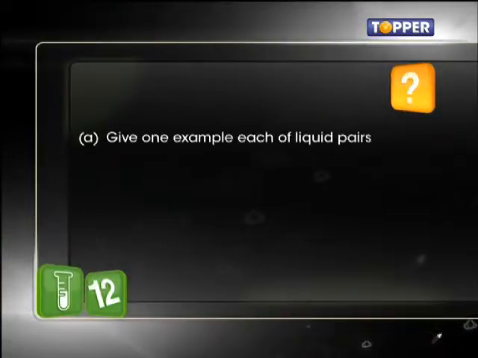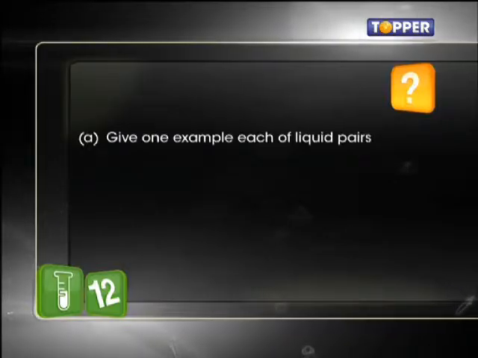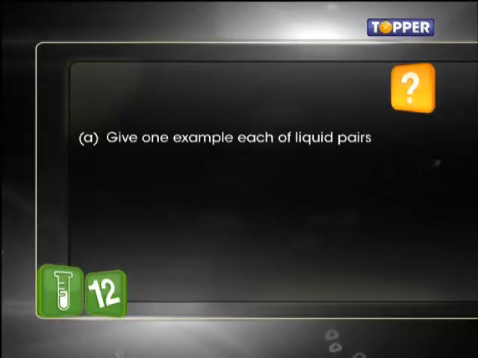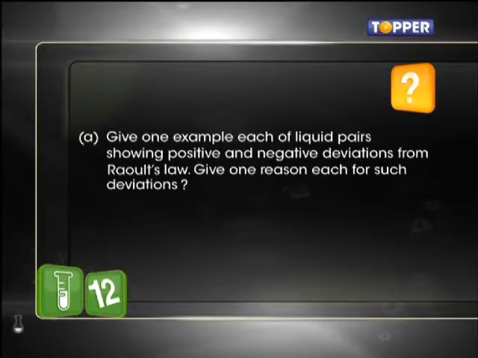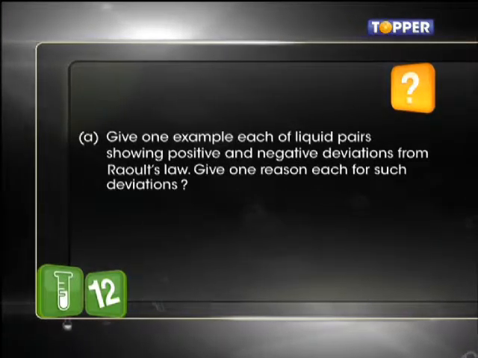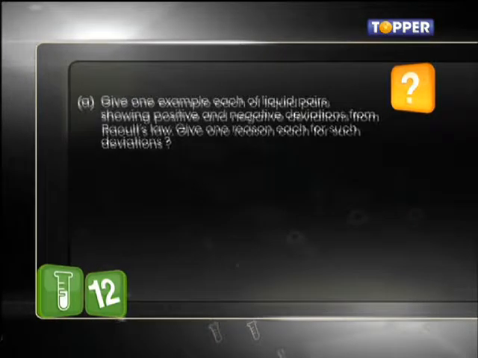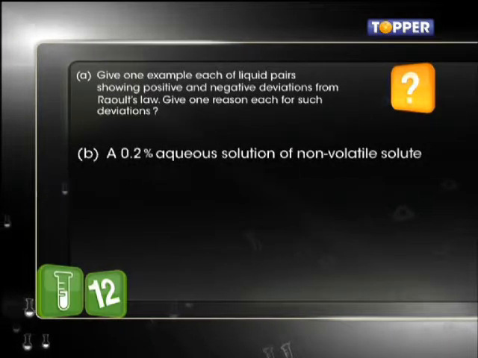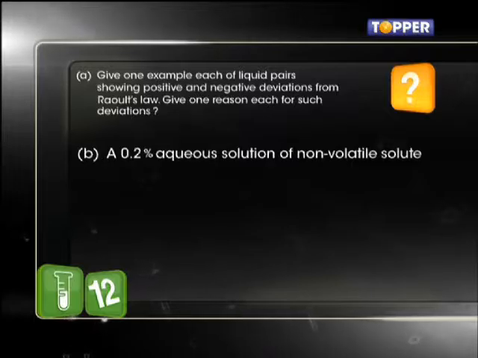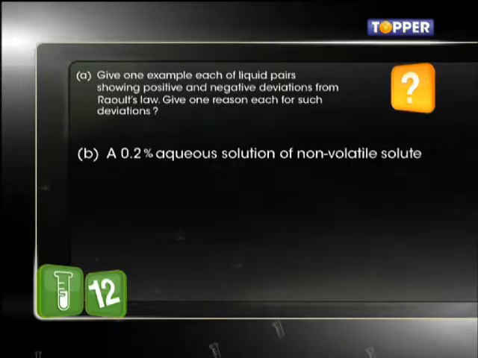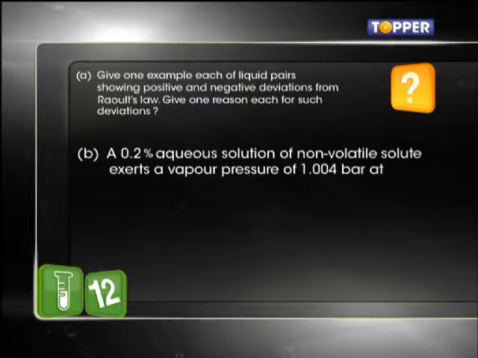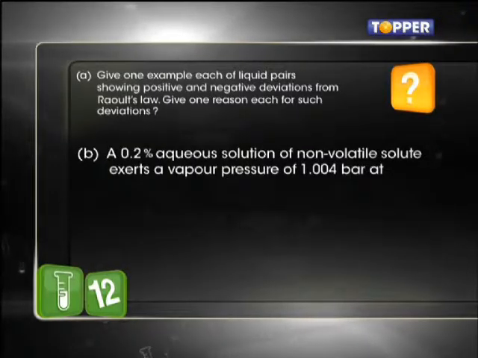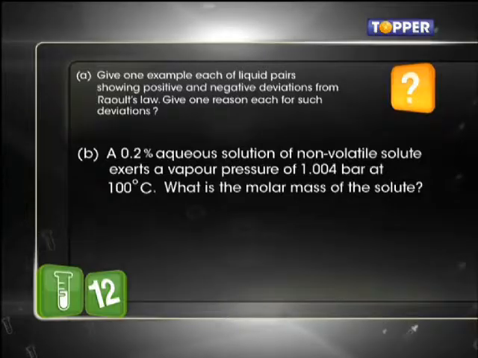Well, in the model question, you need to give 1 example each for the liquid pairs showing positive and negative deviation from Raoult's law. Also, give 1 reason each for such deviations. Secondly, you need to solve a numerical that says that a 0.2% aqueous solution of a non-volatile solute exerts a vapor pressure of 1.004 bar at 100 degrees Celsius.